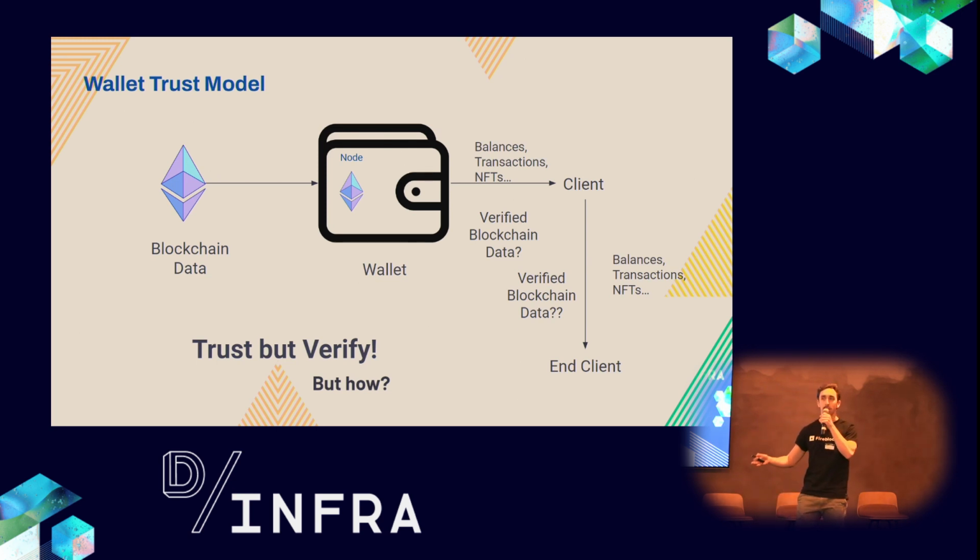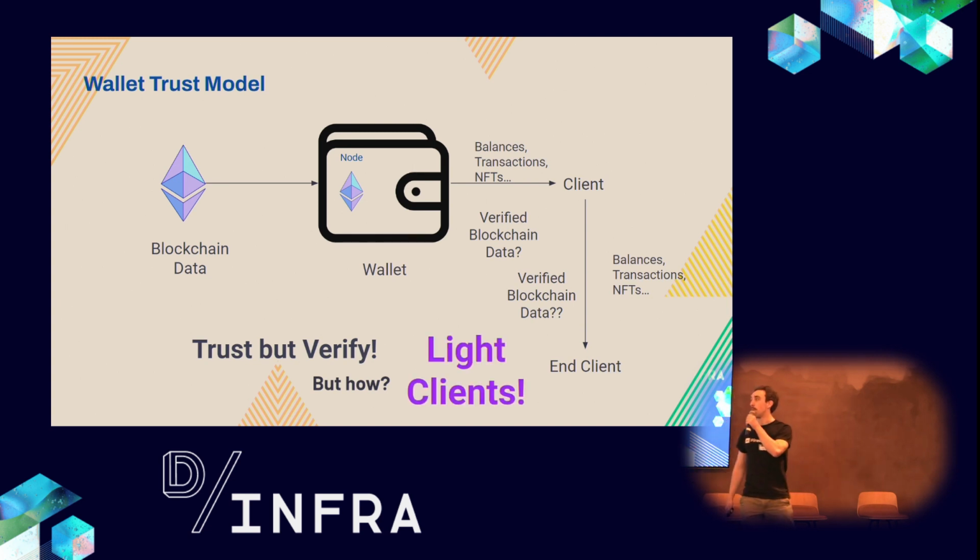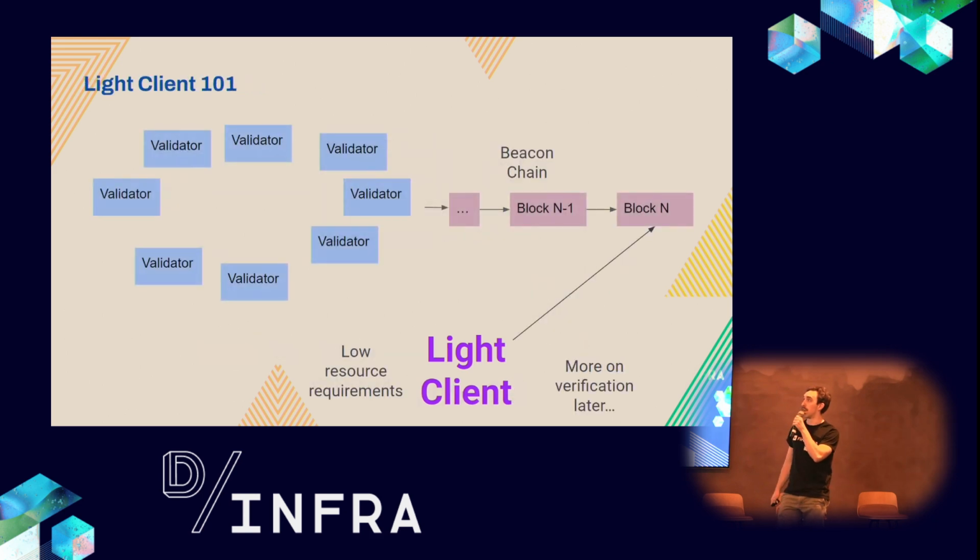So we started the research there, and we found a solution that looks promising, which is light clients. Very quickly, what are light clients? I won't dive into how they work. You can look it up online, and I will focus on Ethereum light clients. Light clients enable us to track the beacon chain, the latest blocks, in a low resource environment.